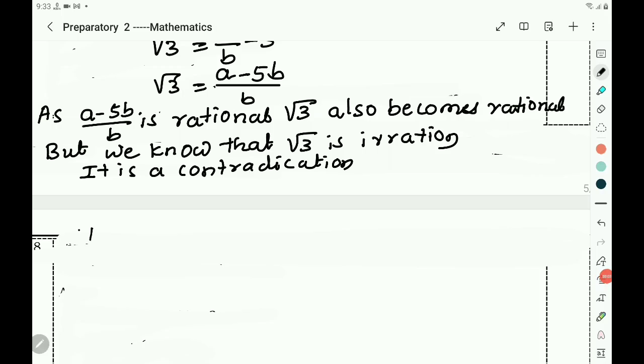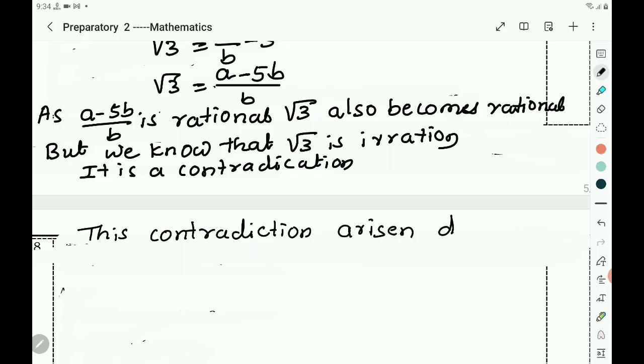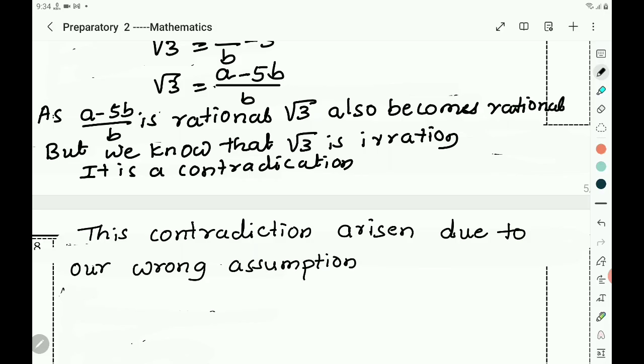This contradiction arisen due to our wrong assumption that 5 plus root 3 is rational.